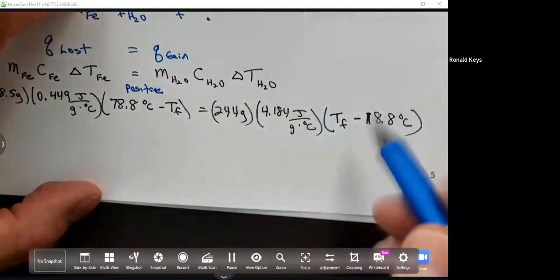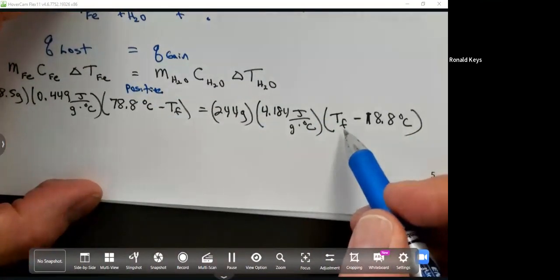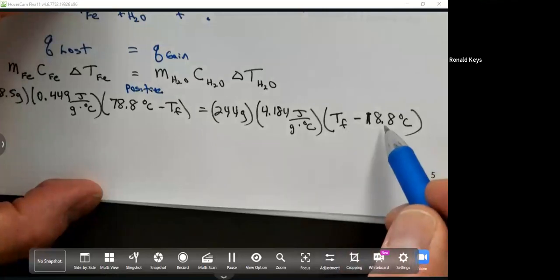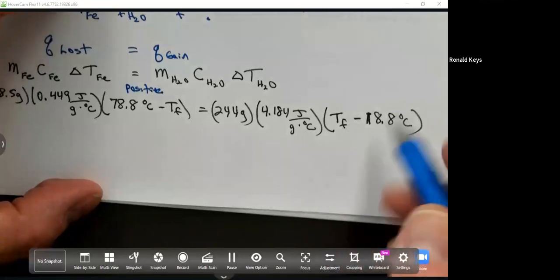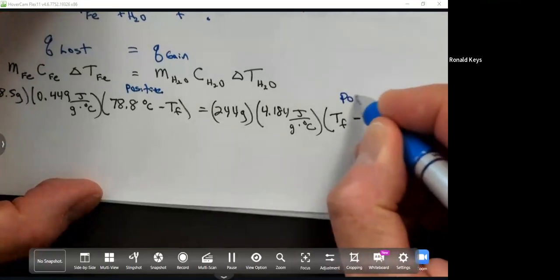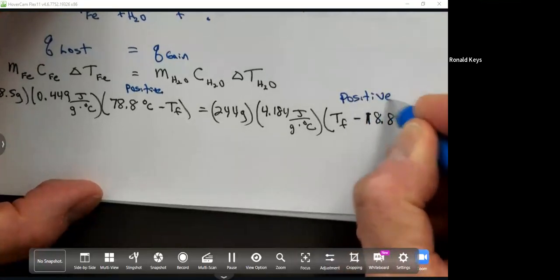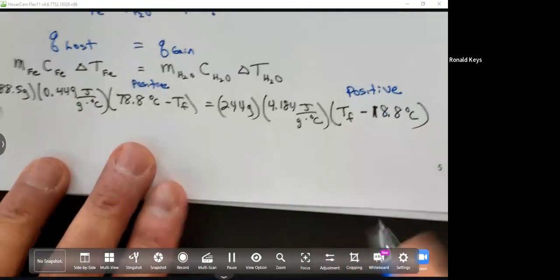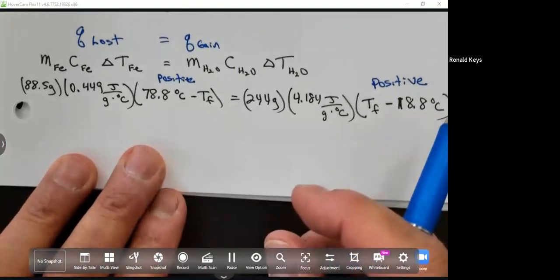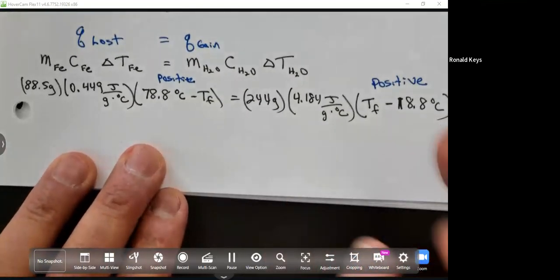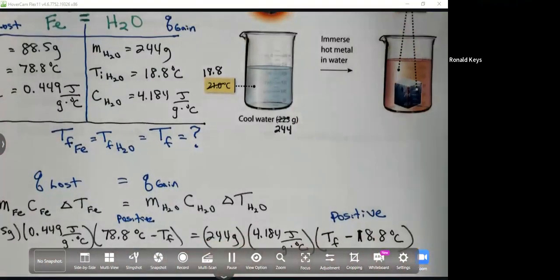Again, make sure your temperature changes are positive, because T final is going to be higher than 18.8, right? Then it all works out. There's just solving that for T final.